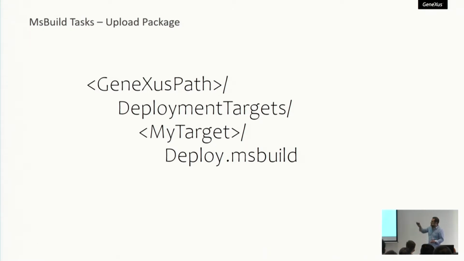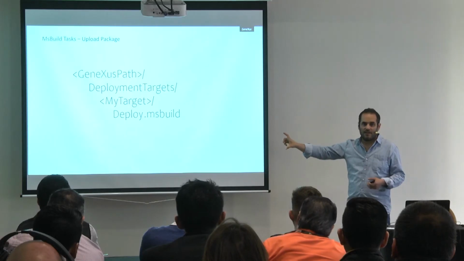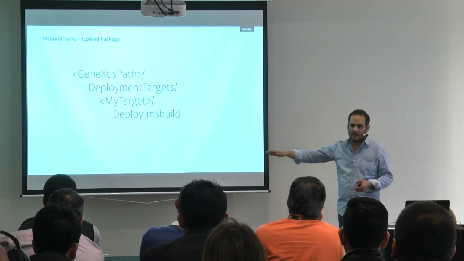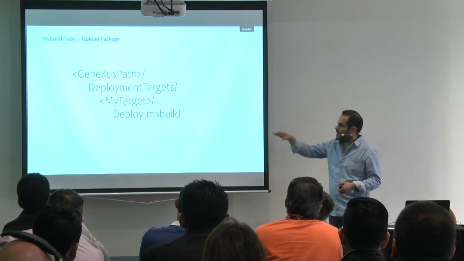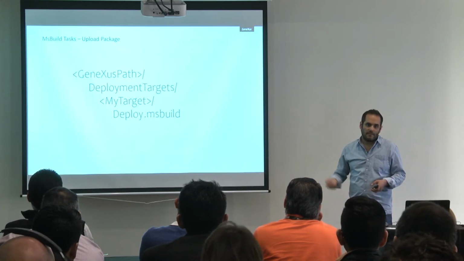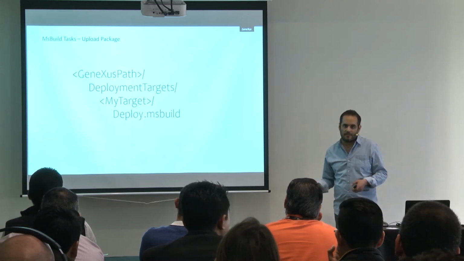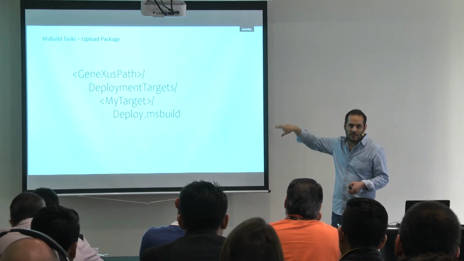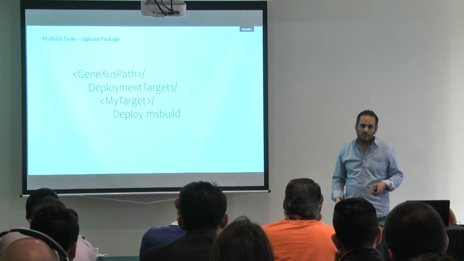In the GeneXus application, you'll see that there is a deployment target folder, and those are the actions that you had in the combo, Lambda, SCP, etc. And each one of them has a deploying MS Build file with particular parameters for each one of those platforms. Now, those parameters are the ones, you remember the options I showed you? Well, that's that. And we're indicating it here.